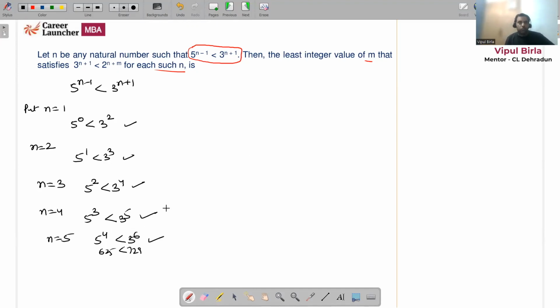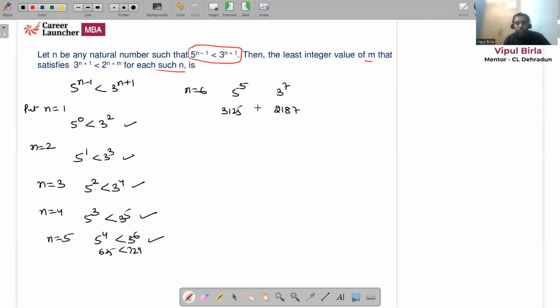Yes, it is also true. For n equals 6, we have 5 to the power 5 and 3 to the power 7. 5 to the power 5 is 3125, that is 625 into 5, while 3 to the power 7 is 729 into 3, which is 2187.